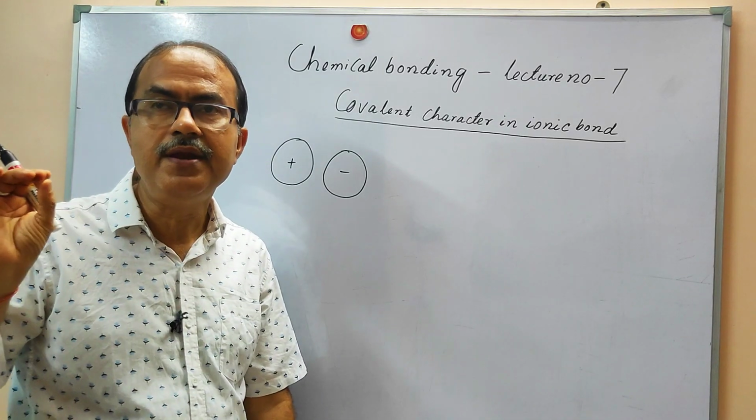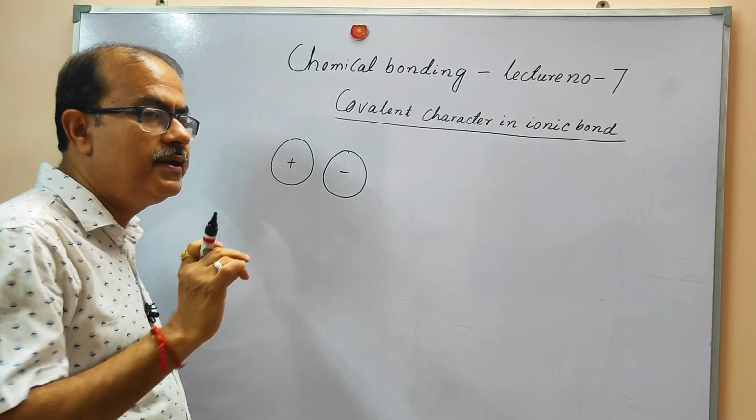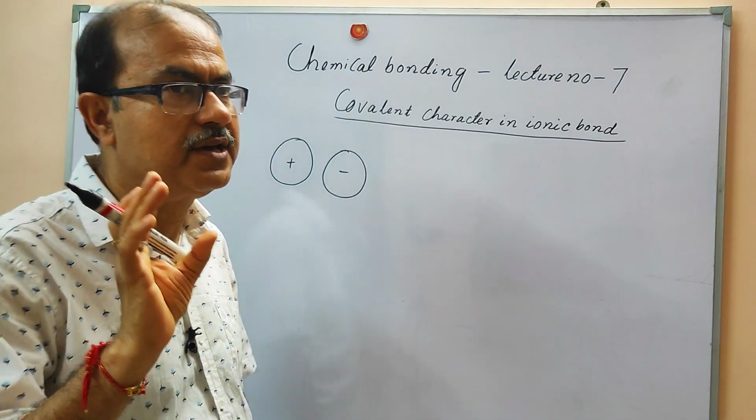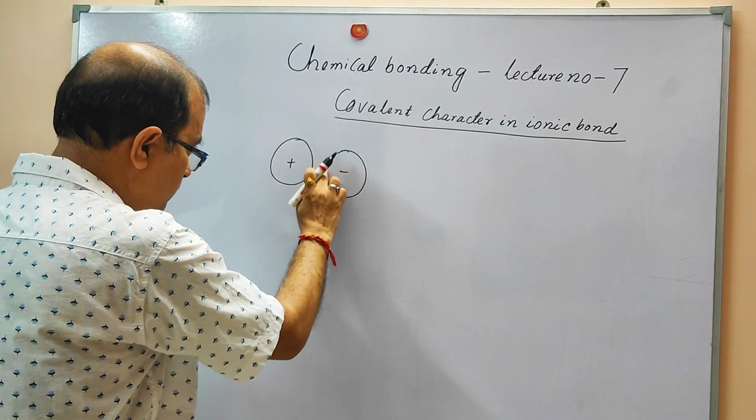When the cation approaches the anion, what is going to happen? It will distort some of the electron cloud of the anion towards itself, and it will look like this.